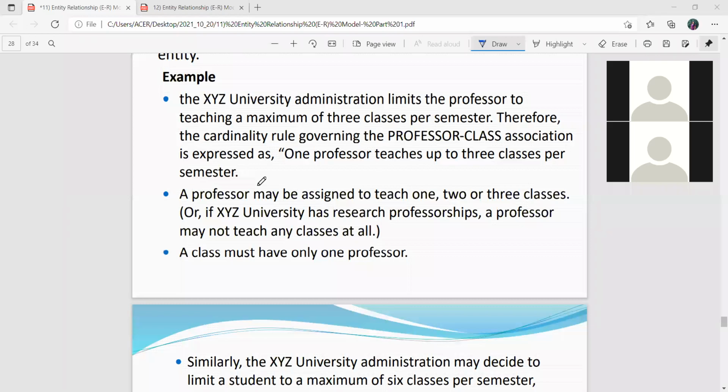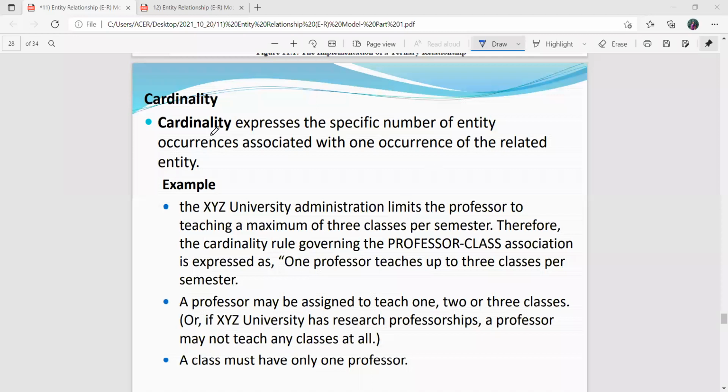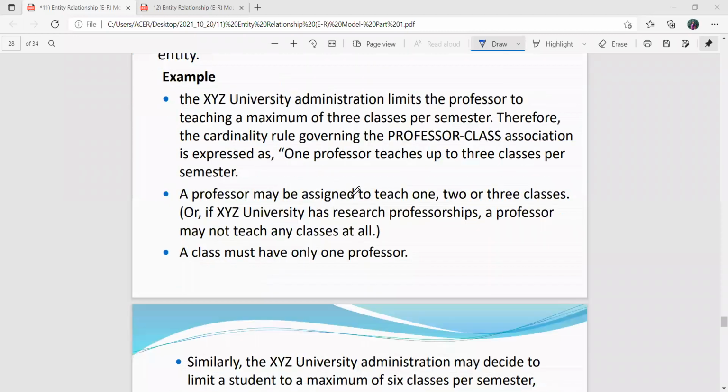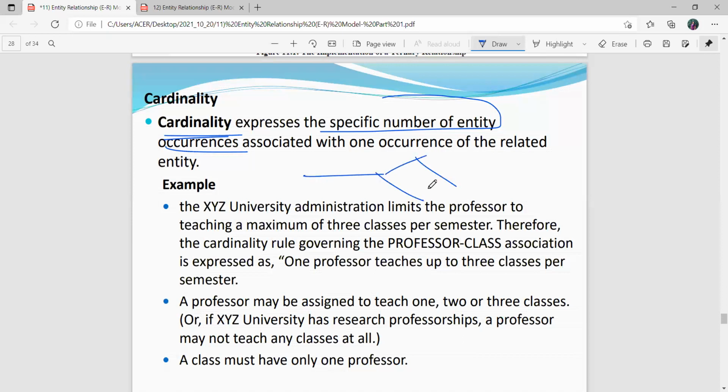So this is about cardinality. When we consider cardinality, it is the specific number of entity occurrences associated with one occurrence of the related entity. As an example, let's take this is A and B. Cardinality means how many occurrences are associated with this entity.